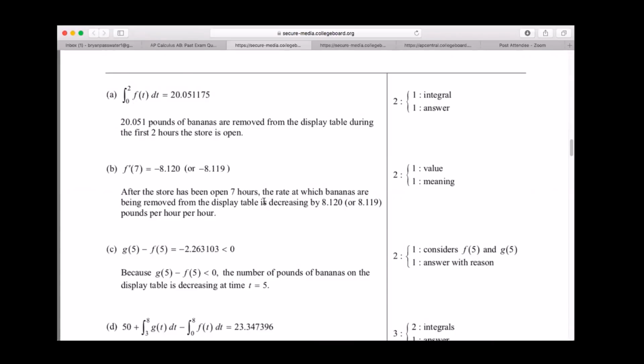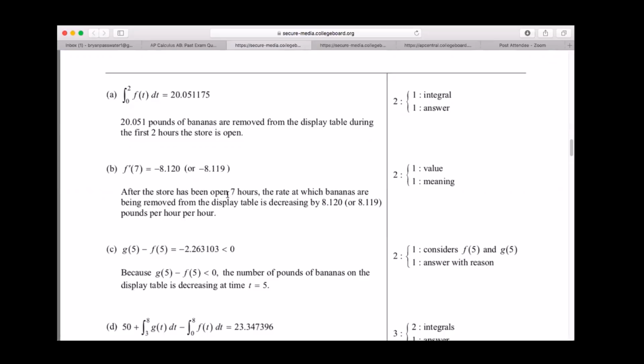And then in part B, here we have f prime of 7, that's what we found, was negative 8.120 or negative 8.119. You could have rounded our answer or not rounded it. Either one of those was fine, and that gave you the first point. And then the explanation, which theirs is a little bit different than mine, but they both get full points, obviously.